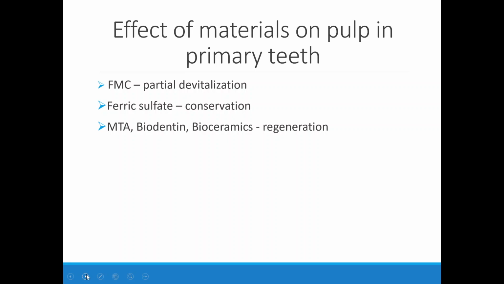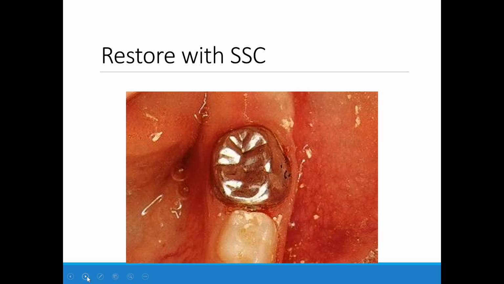The most popular medicaments for vital pulpotomy are ferric sulfate and MTA or other biocompatible cements. And the final restoration is with stainless steel crown, because the specialists say that after endodontic treatment the crown is not very strong and the walls can be broken under chewing pressure.